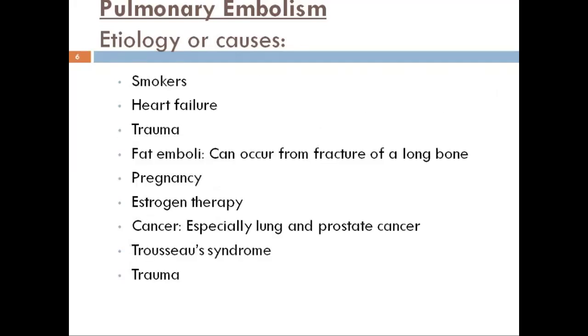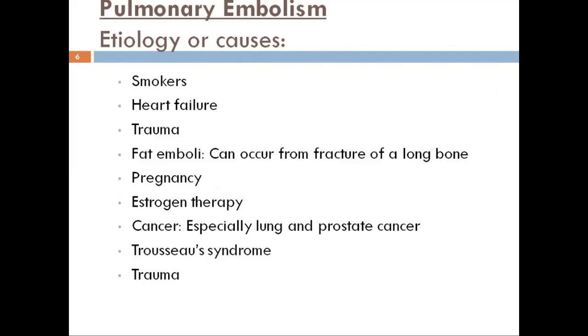And smokers can also have an increased risk of pulmonary embolism since smoking leads to damage to the lining of the blood vessels. Heart failure also increases the risk of having pulmonary embolism.